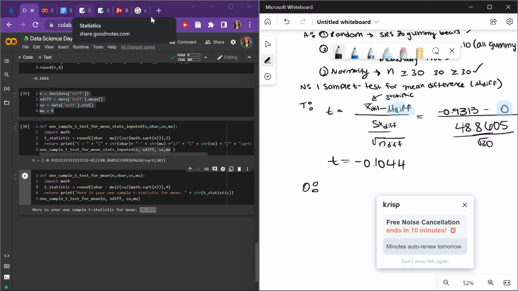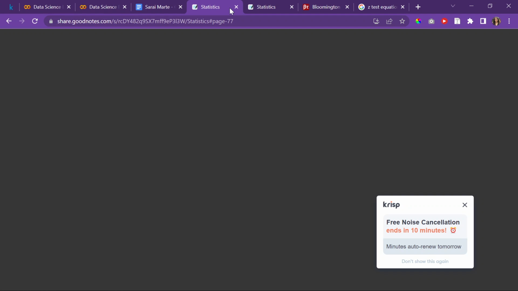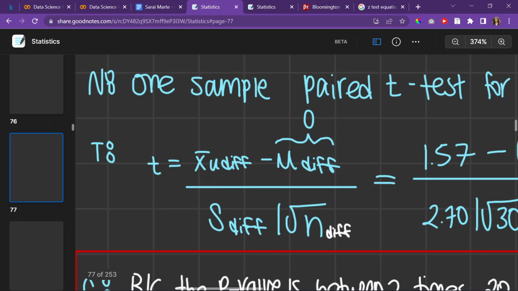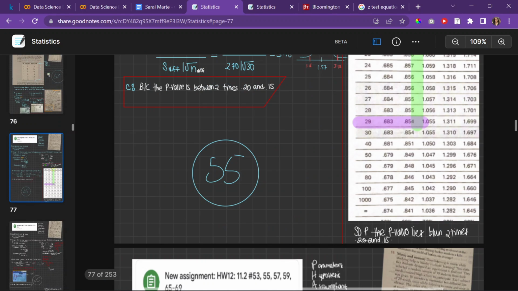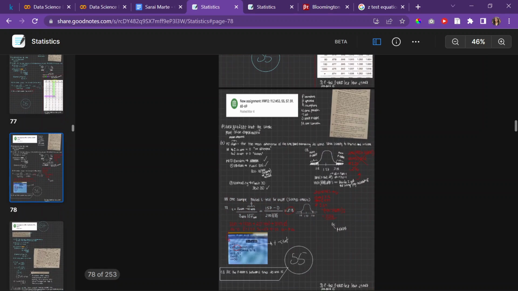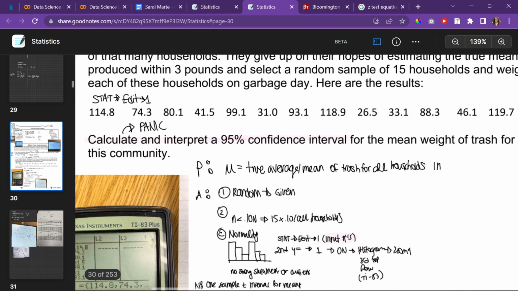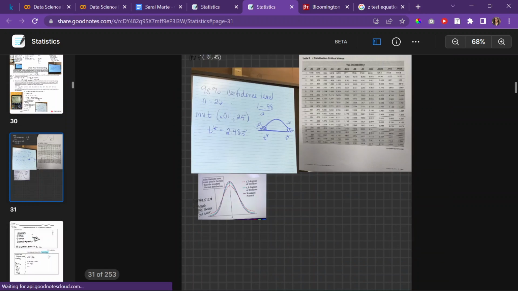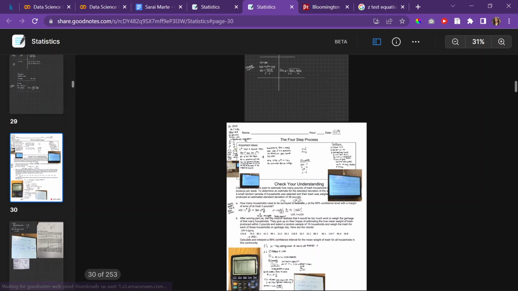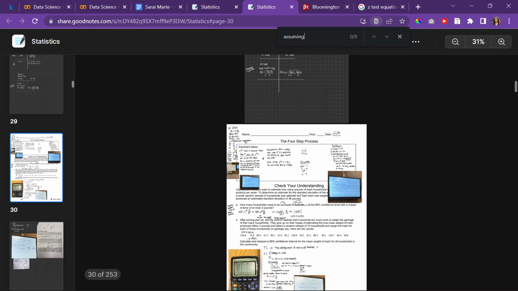Wait, is it the null hypothesis or the alternative hypothesis? Did I mess up? I think I had it in my notes. Let me go to my phone, because I can search it in the GoodNotes app.